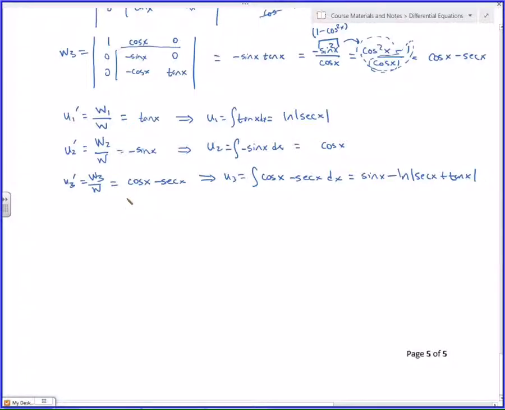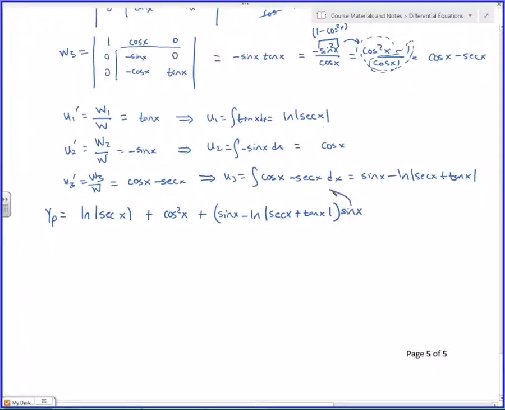Emphasis on the should. All right, so yp is now natural log of secant of x times 1, since y1 is 1, plus cosine of x times cosine of x, so cosine squared of x, plus sine of x minus log of secant of x plus tangent of x, all times sine of x.